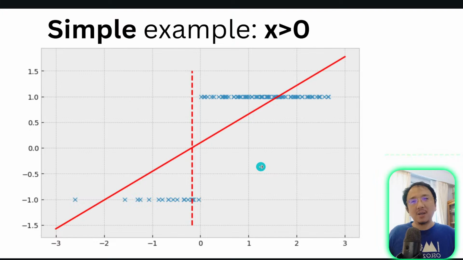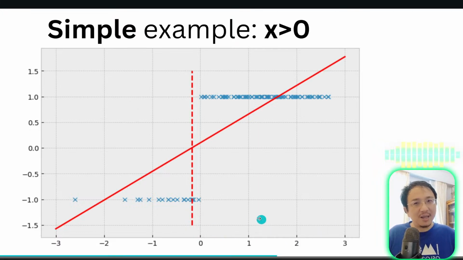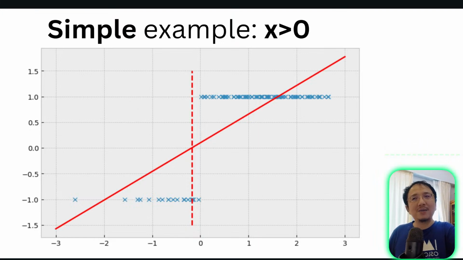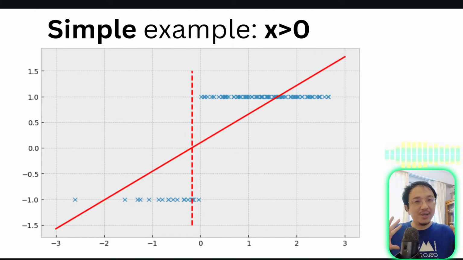negative number. You may ask at this point, if we already know how to compare the number with 0, why don't we just simply compare the input with 0 and get a perfect prediction? I mean, this is just an example showing we can. If you really feel uncomfortable with this example, we can use a very complicated example. But I'm just using a simple example to illustrate the situation.